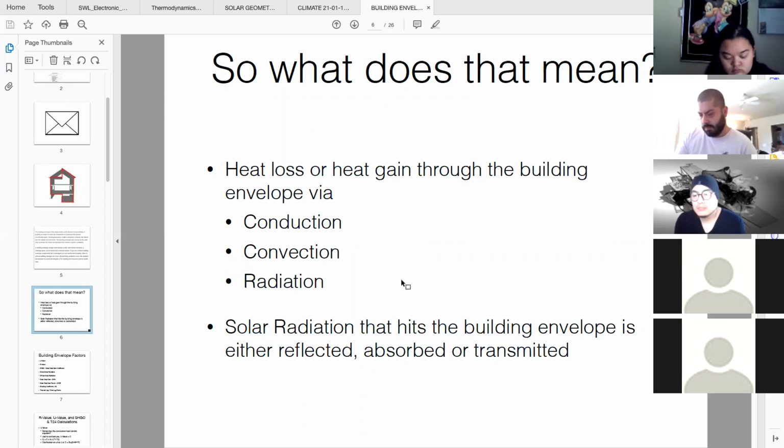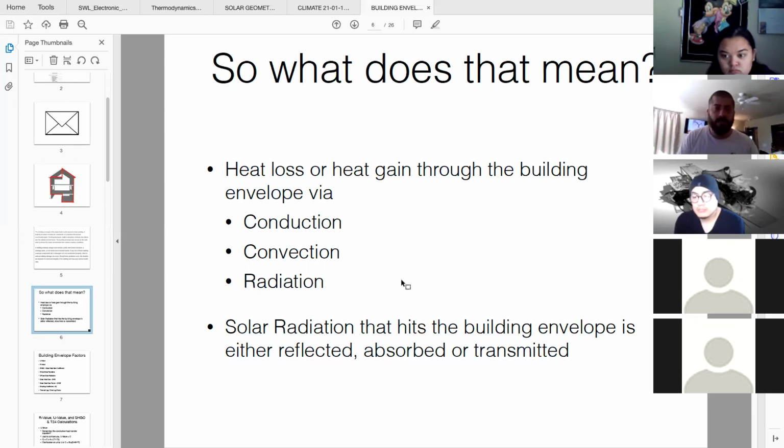The building envelope is the point at which heat is either lost or gained into the building. And this is through our 3 methods of heat transfer, which we went over last week, which are conduction, convection, or radiation.